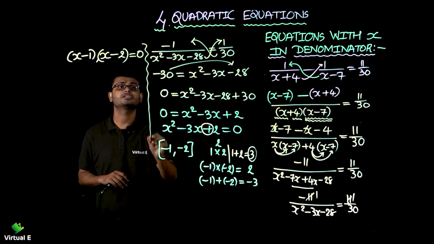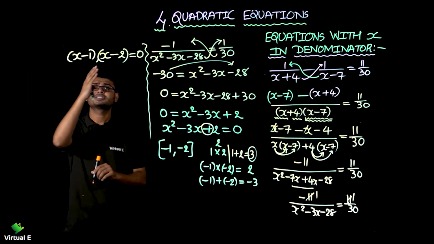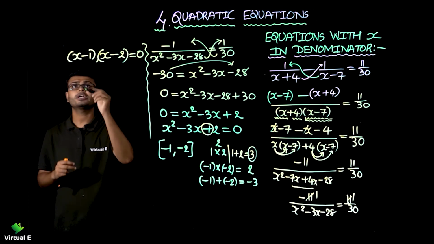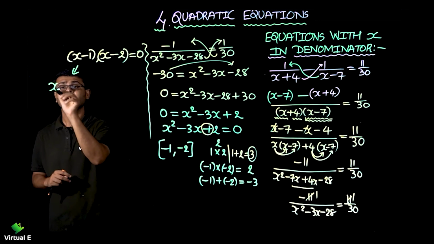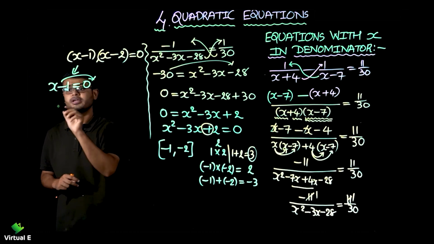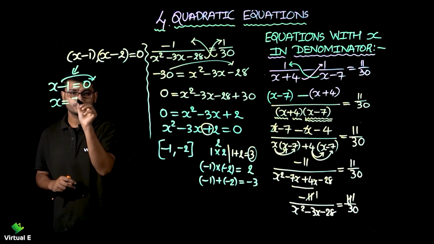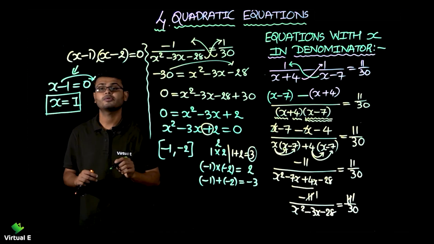Remember that, is equal to 0. Either first factor is 0 or second factor is 0. So let's equate to 0 one by one. Let's talk about this first factor. X minus 1 is equal to 0. If I shift minus 1 over here, it will be x is equal to 1. This is my first root of the quadratic equation.